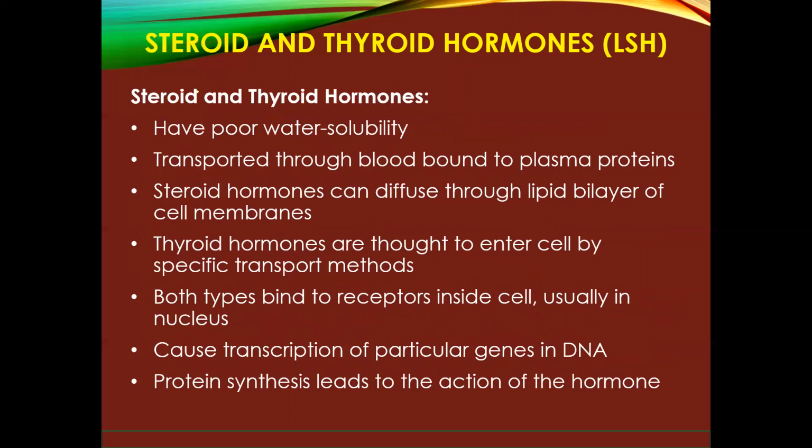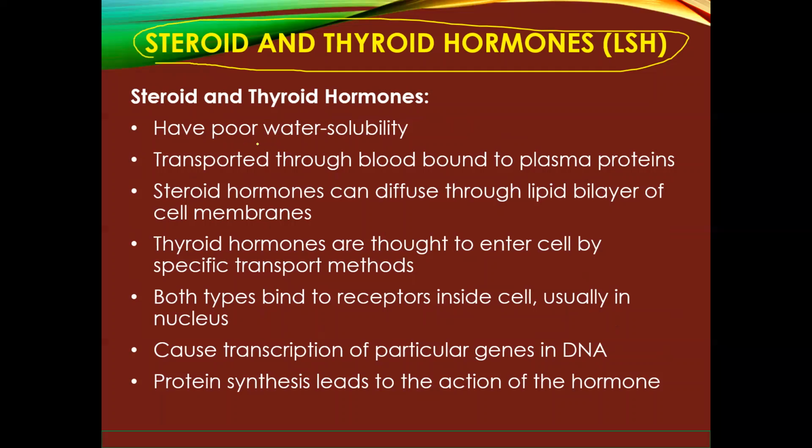Okay, now if we look at the steroid hormones, the lipid-soluble hormones, they are not soluble in water. They will be transported through the blood by binding to transport proteins, and they can diffuse across the cell membrane easily.